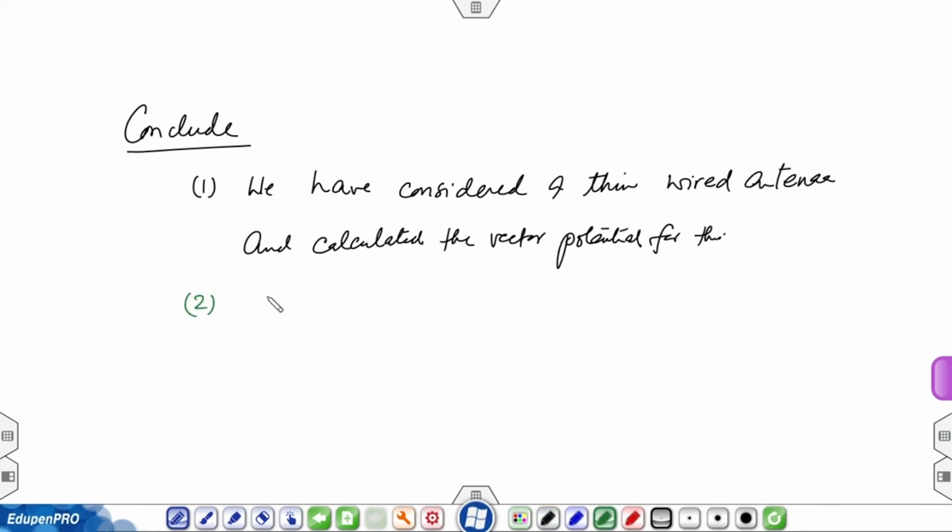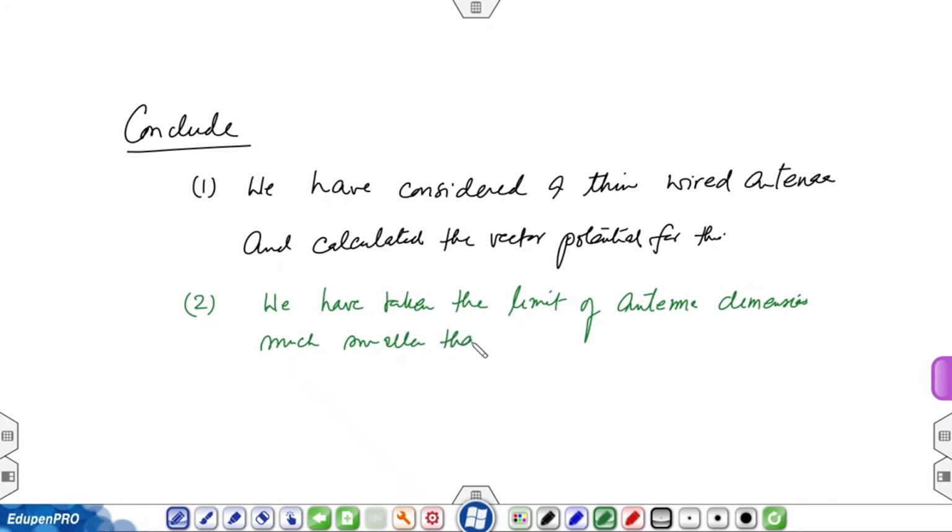Two, we have taken the limit of antenna being much smaller than the wavelength. Finally, left the calculation of scalar potential for you.